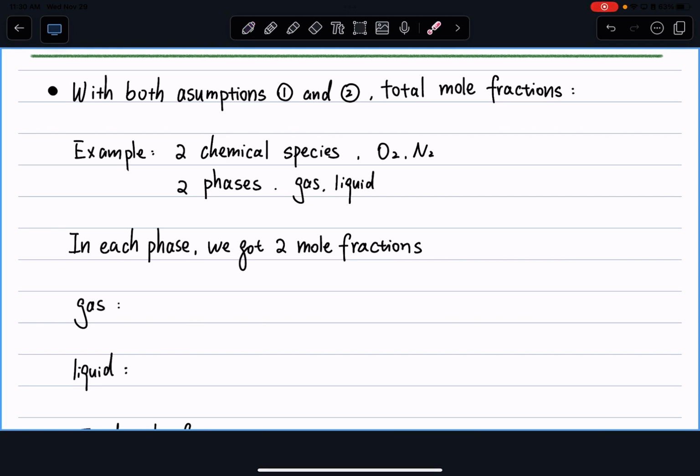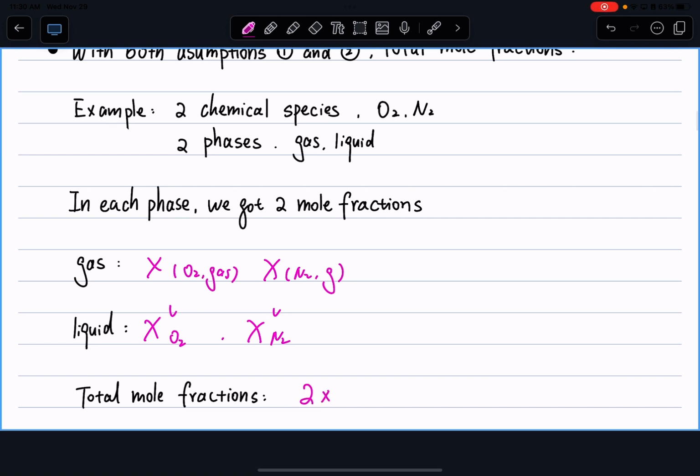For example, with two chemical species, oxygen and nitrogen, in gas and liquid phases: in the gas phase, you have chi of O2 and chi of N2; in the liquid phase, you have chi of O2 and chi of N2. So the total is 2 times 2, or more generally, the number of phases times the number of components, P times C.